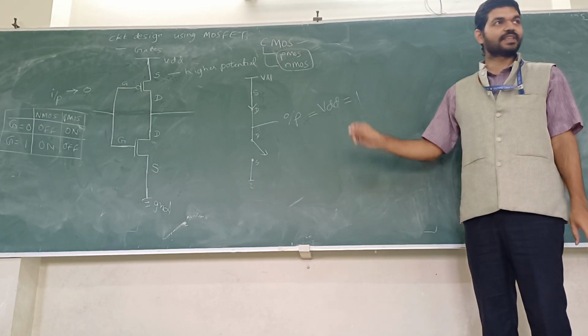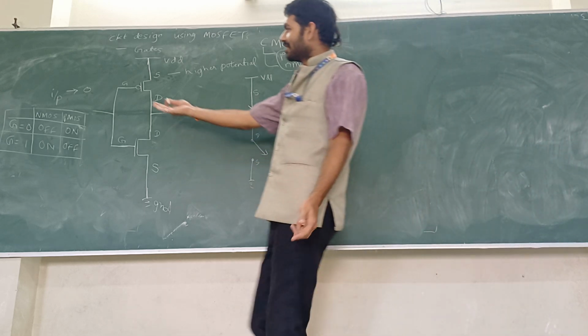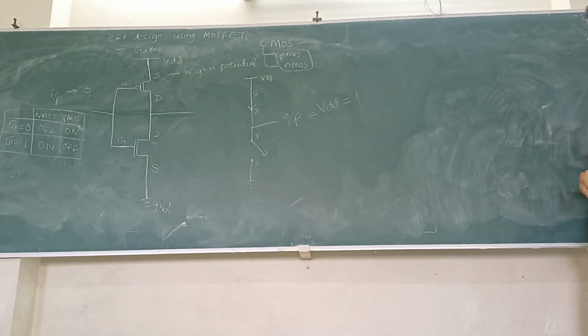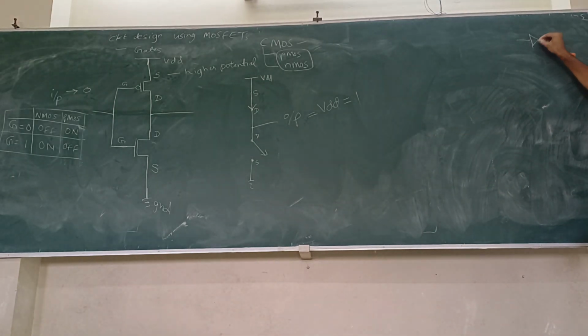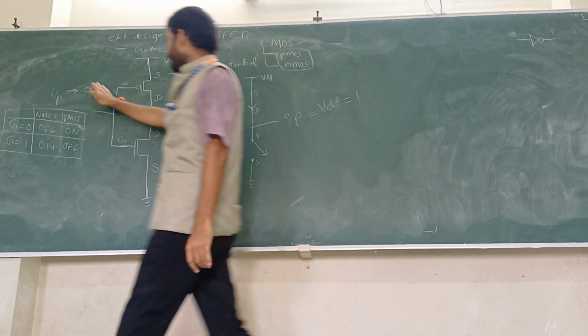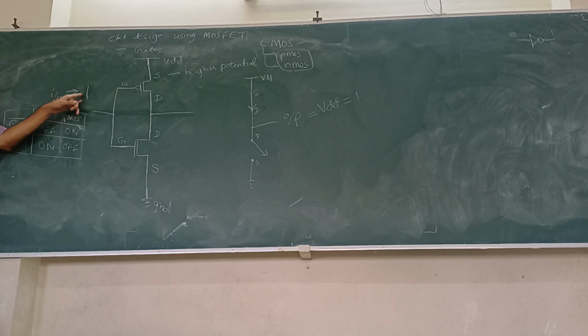Actually, what was the input given? Input was 0. What output did we get? 1. Same as the inverter: we give 0, output will be 1. Now you change it. Give input as 1.